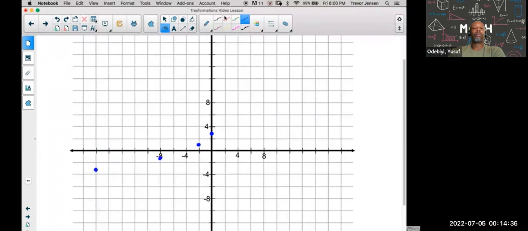Remember the parent function root x, just roughly, looks more like this. That's what root x looks like, curved looking. It only exists to the right of the line x equals 0, because we can't take the square root of a negative number.